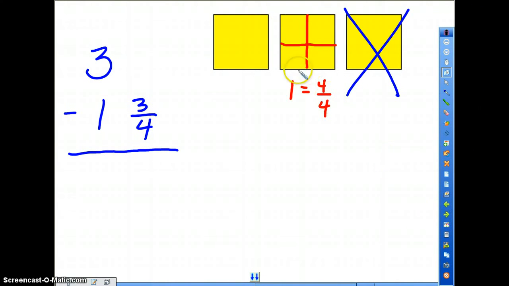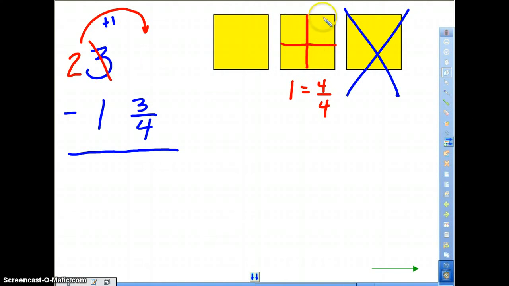So that 1 whole is the same as 4/4. Mathematically, of the 3, I took 1 and busted it up. I've got 2 wholes remaining, but I'm going to bust the other one up and call it 4/4. 2 and 4/4 is just another name for 3.